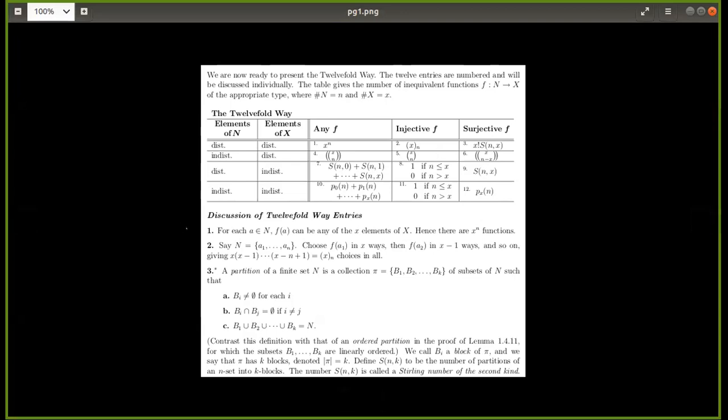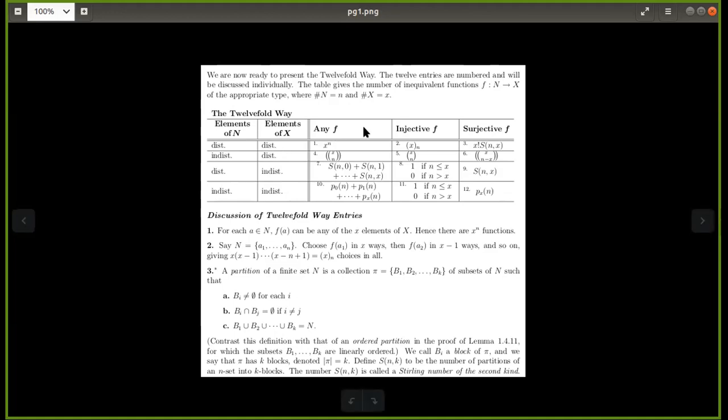Okay. So the 12-fold way is now represented through this particular table, depending on whether the elements of n are distinguishable or non-distinguishable, and whether the elements of x are distinguishable or non-distinguishable. So these are the 4 restrictions which you had on when to consider two particular functions to be same or not.